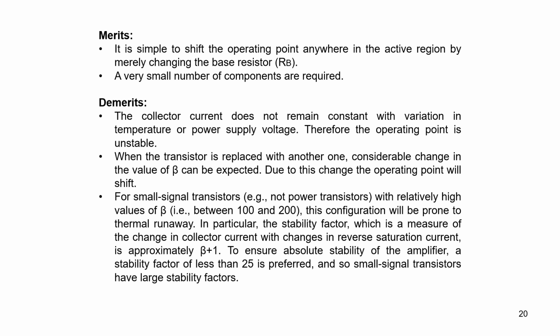So even though the fixed bias circuit is easy and very simple, we are not going to use it in practical circuits because of the high stability factors. The circuit is less stable with respect to changes in temperature and beta value.